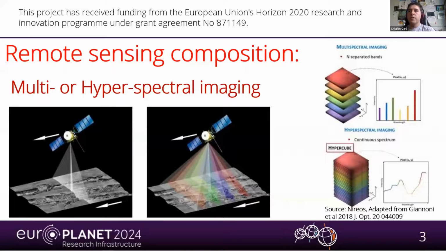You have already seen something before from Ricardo, but just to recall, we generally use remote sensing also to obtain compositional information. That is possible because we acquire images, often with techniques that provide multiple wavelengths in our dataset, like acquiring several images with different filters.